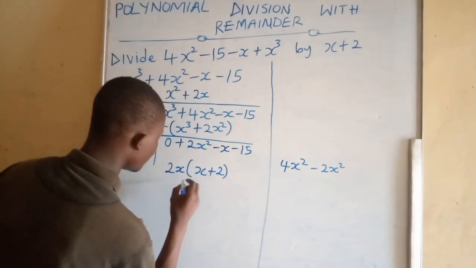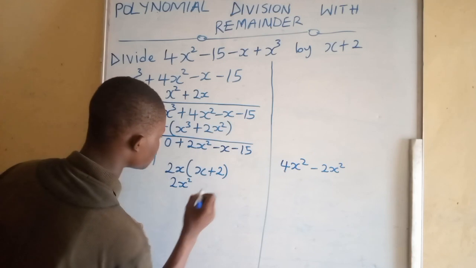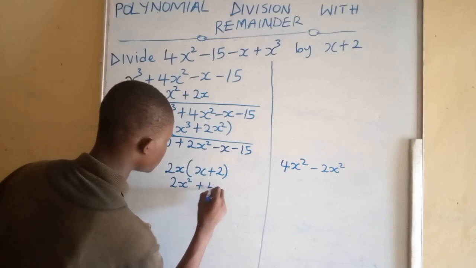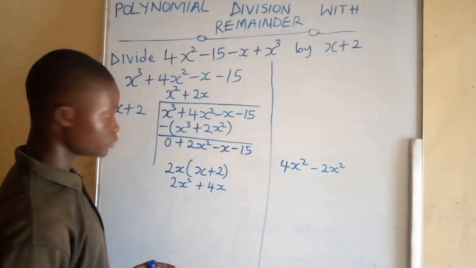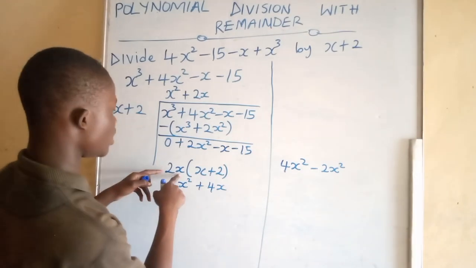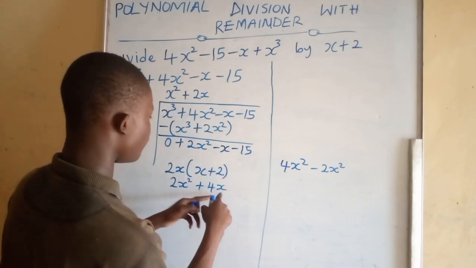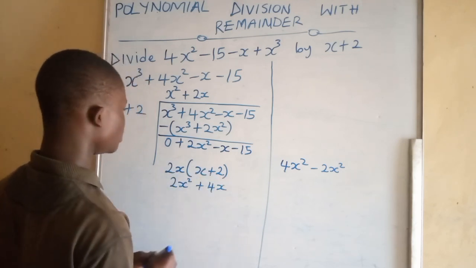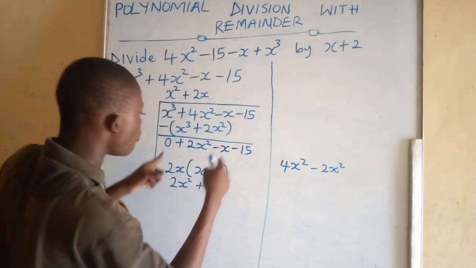Now 2x times x will give us 2x squared. 2x times 2 will give us plus 4x. Are you here? When we multiply 2x times x we get 2x squared. Multiply 2x times 2 will give us 4x. Now, this answer we get here, we will now subtract it from what is here.